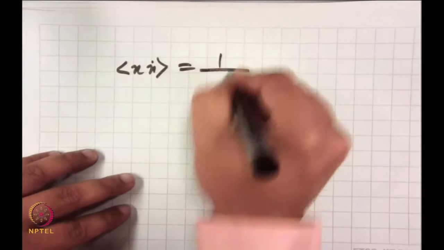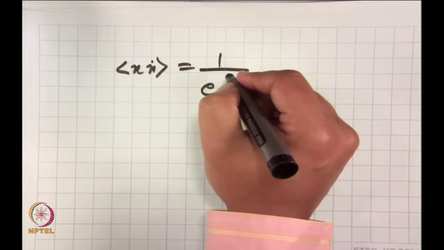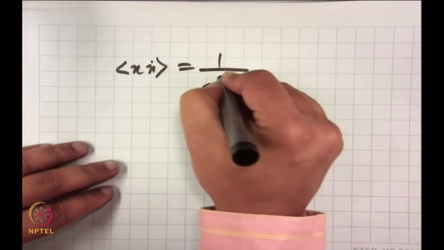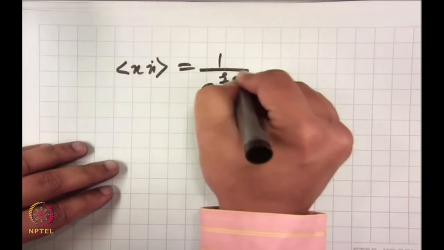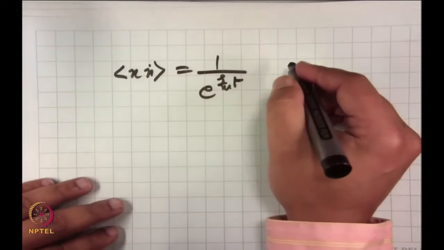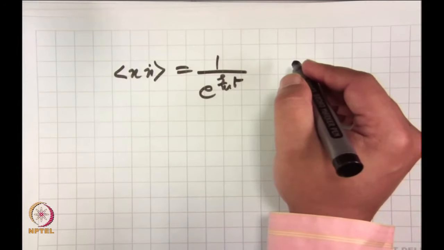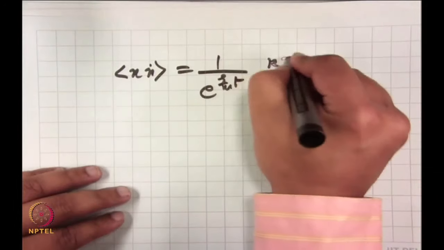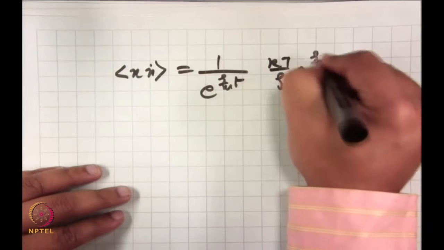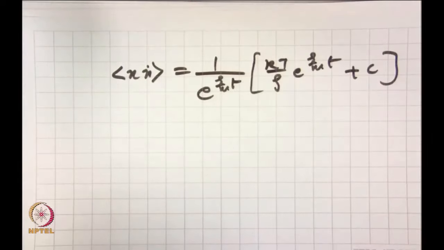So, I should be having e to the power 1 by I(t), which is 1 by I of t, which is e to the power xi by m t, right, and then I would be having I(x) times q(x), which we just derived, which is kT by xi e to the power xi by m t, then I would be having a constant c.